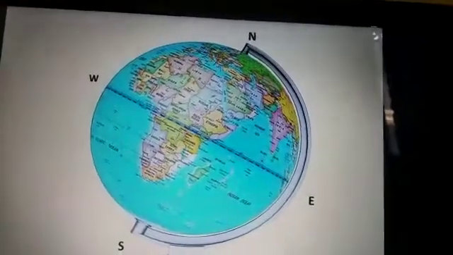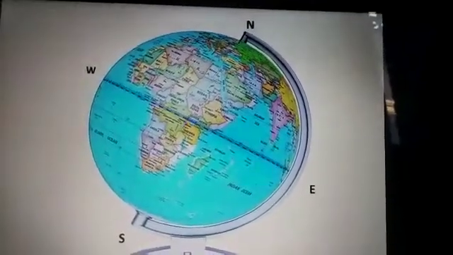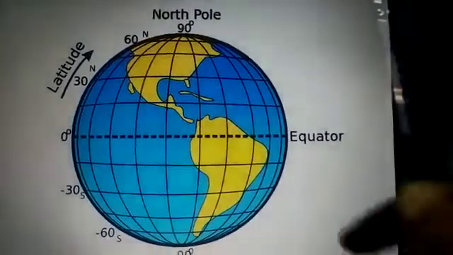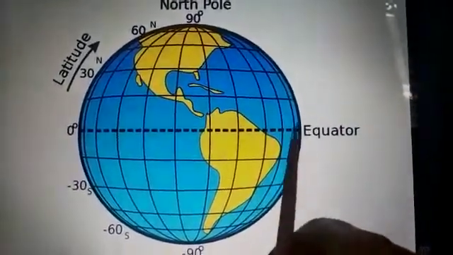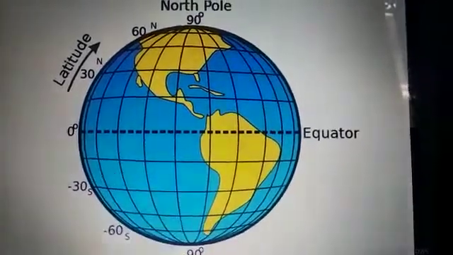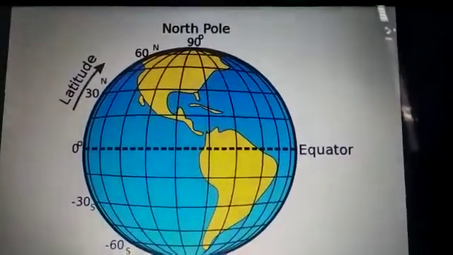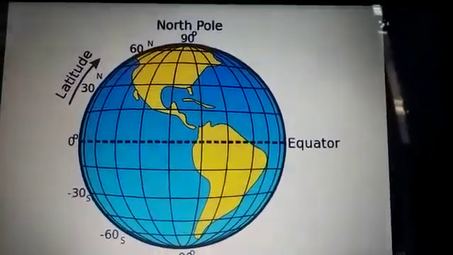Today we'll start with parallels of latitude. When you look at the globe, you see lines running in the east to west direction. These lines are called parallels or lines of latitude.